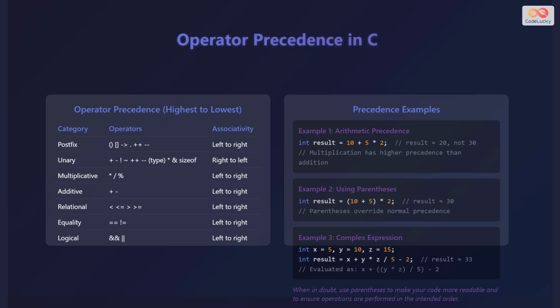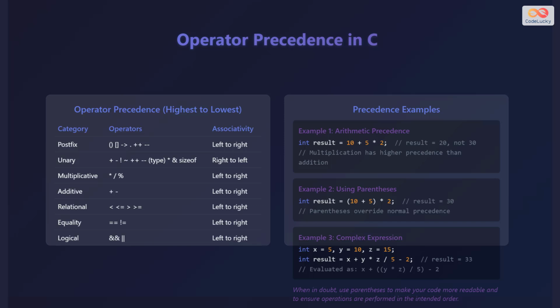Multiplicative operators, such as multiplication, division, and modulus, are evaluated from left to right. Additive operators, such as addition and subtraction, are evaluated from left to right. Relational operators, such as less than, less than or equal to, greater than, and greater than or equal to, are evaluated from left to right. Equality operators, such as equals and not equals, are evaluated from left to right.